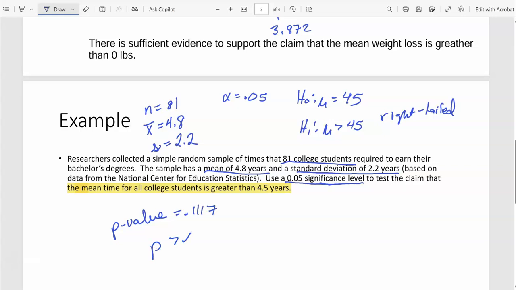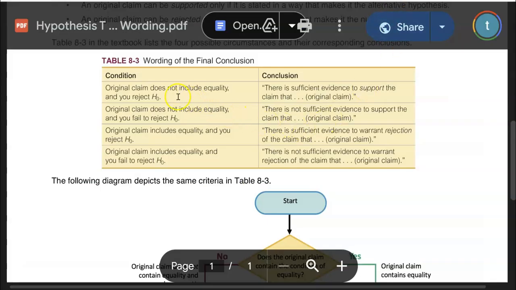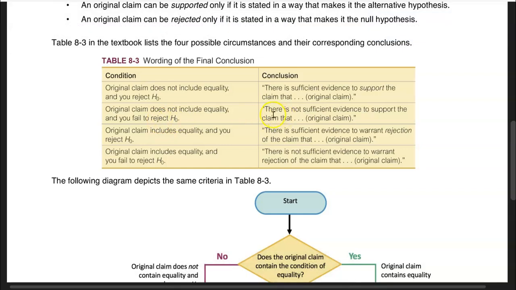Notice our p is greater than alpha, so we are going to fail to reject. So we're going to go back to our wording. We do not have an equality, but we fail to reject.